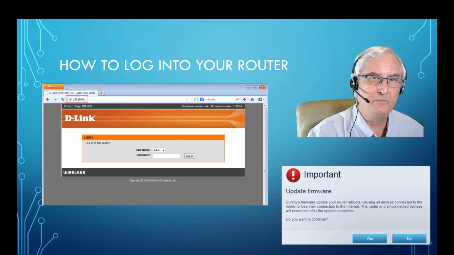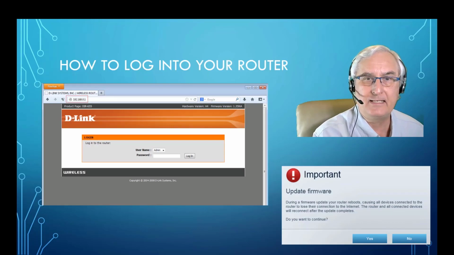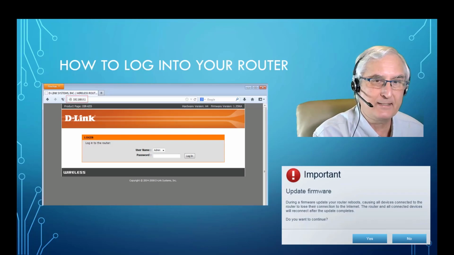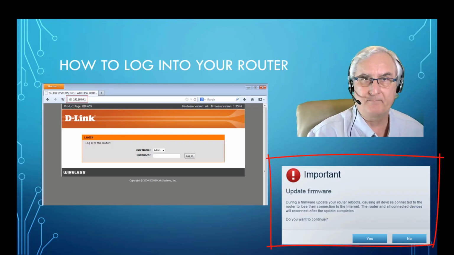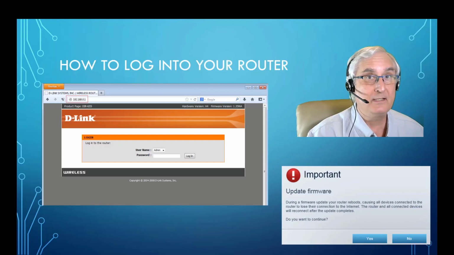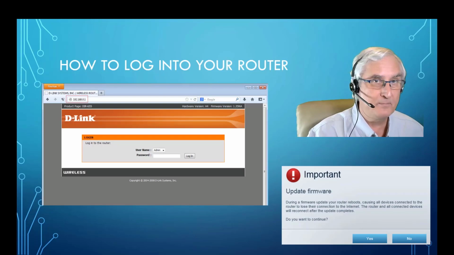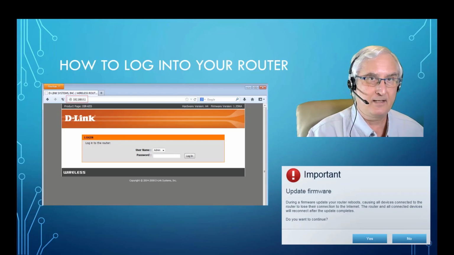Usually the generic default password will be in your instruction manual. Once you put this in, you'll log into your router and it will be very easy. Usually you'll get a message like this saying update firmware. Click on that and you simply update the firmware in your router. Very simple to do. Please make sure, for optimum speed, that the software in your router is updated.